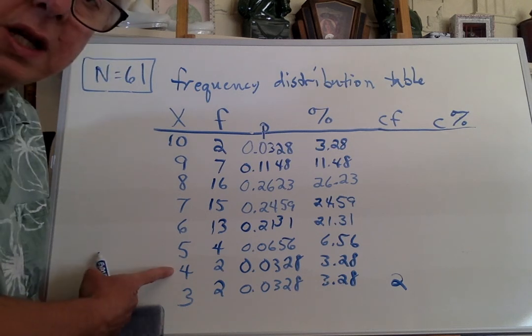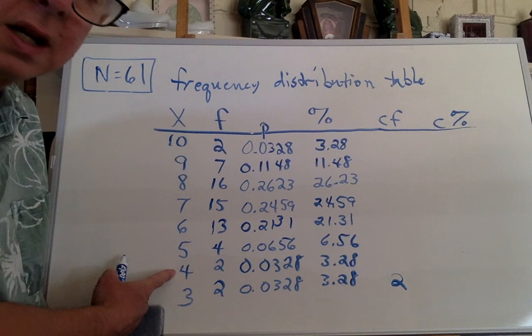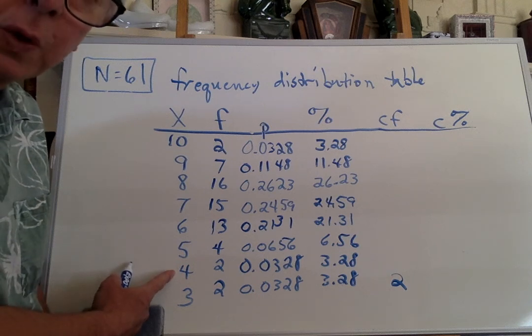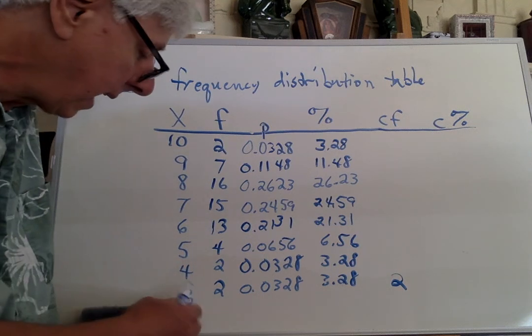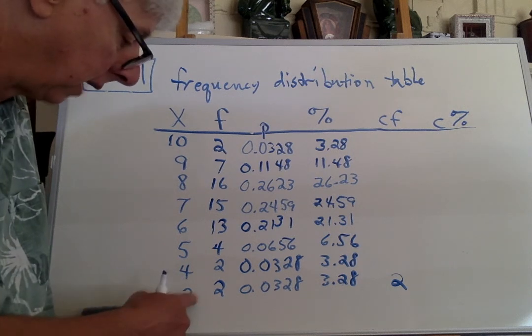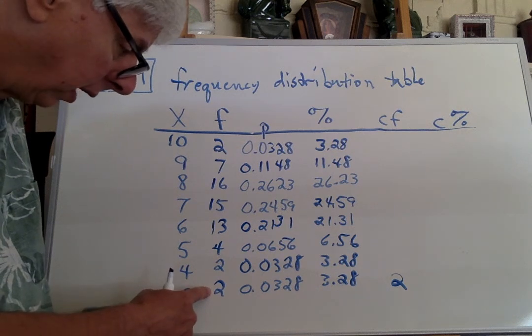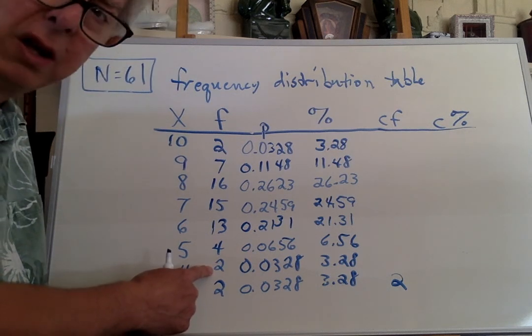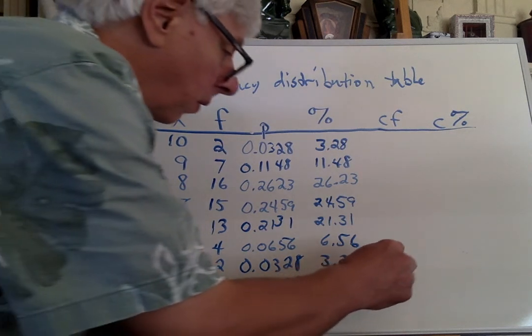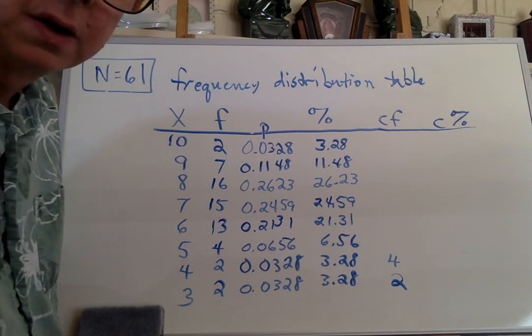Then we're going to move up to here, and 2 people said that they had a happiness level of 4, but we're going to add that together with the number of people that said that they had a happiness of 3. So we take these 2 people and then add 2 to those. So this is going to be 4 here, okay?